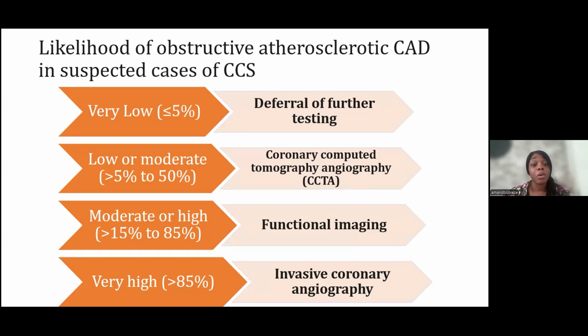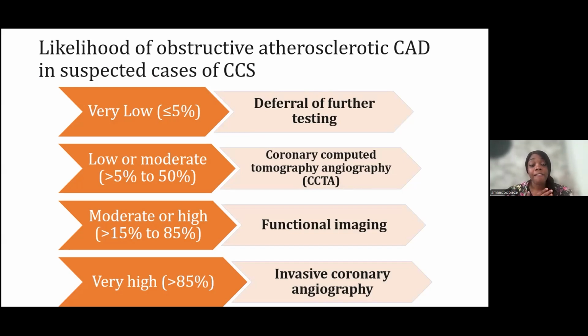If this model was used by the GP, that's at the primary care center, he would have fallen into the category of people with low to moderate risk of CCS, and they would have gotten a CT coronary angiogram for him, which would have shown the severe RCA stenosis.